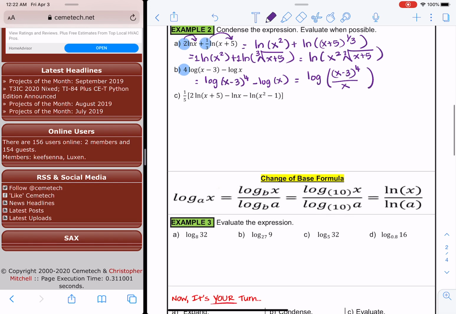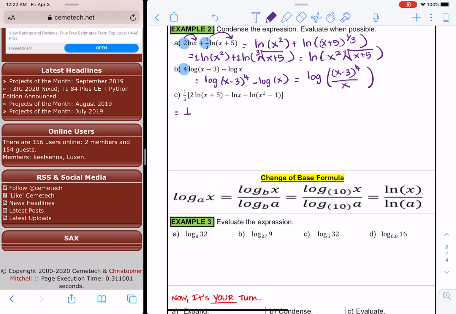In part C, a whole bunch of things are going on. So first step is to look at the first term. 2 is in front, which would prevent us from adding the natural logarithm, so we can write it as ln of x plus 5 raised to 2, minus ln of x minus ln of x squared minus 1. And we simply have 1s here, 1 there, -1 and -1.